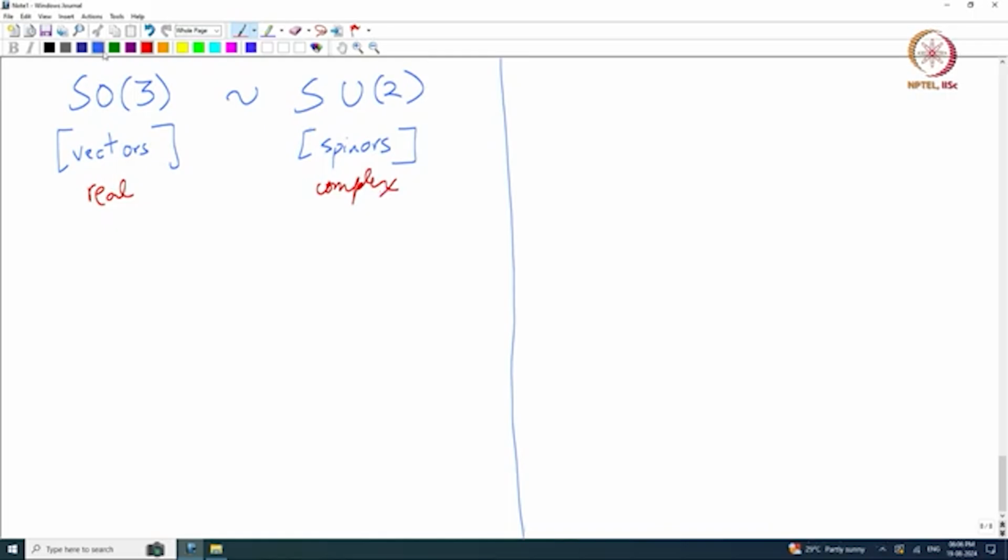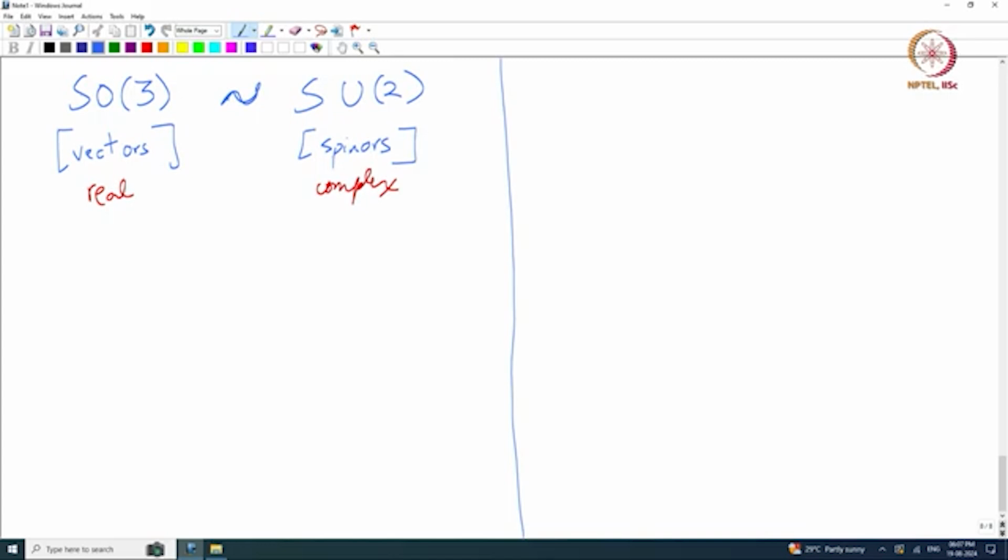Nevertheless, although these two groups are distinct, there is something common among them, right. They both act on 3 dimensions, for instance, right. So, hold on to this thought, we will revisit it, okay. There are things called groups that are isomorphic to each other, and there are situations where you can substitute one with the other and make calculations easier and so on, okay. So, these different groups are distinct, but they do have some intricate relations among each other. Okay.